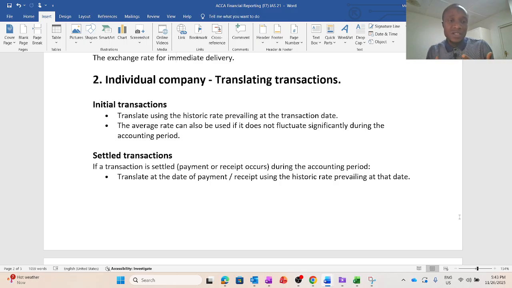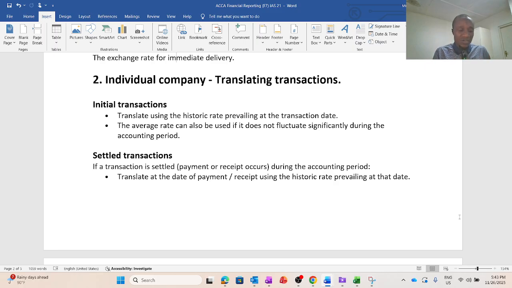Now, in an initial transaction, if I want to purchase an item from Amazon today, I place my order and I make my payment today, then the initial transaction date is today and the settlement date is today. Finished. There is no impact of changes in exchange rate. There will be no implementation of IAS 21.